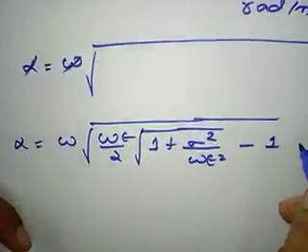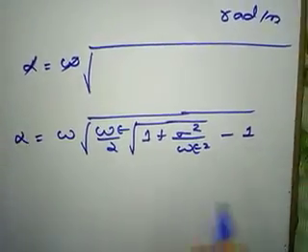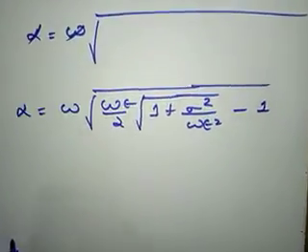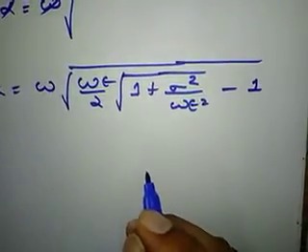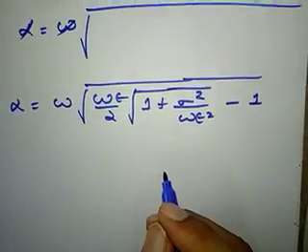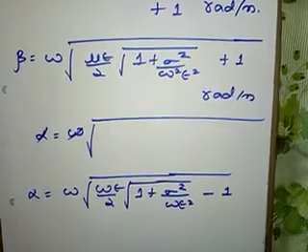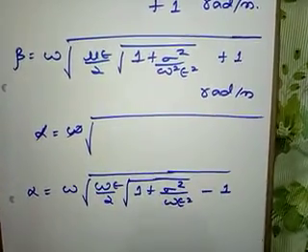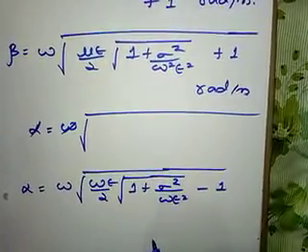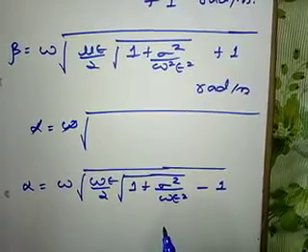It will be minus 1 for alpha. Fine, students. So this is our equation for alpha and beta. Beta is called the phase constant; alpha is the attenuation constant, whereas beta is the phase constant.